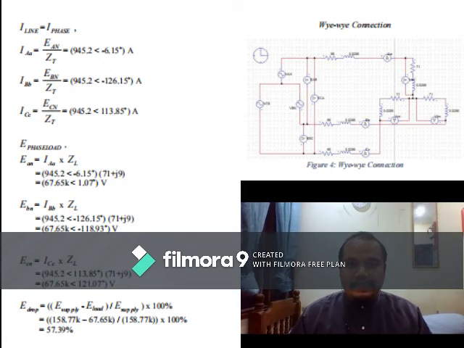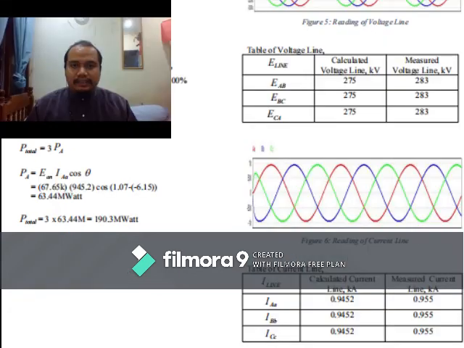And you can see the YY connection and my reading of the line voltage also, as you can see in the table. I got the table: the current, the voltage line, the current line, and the voltage phase load, also the current.